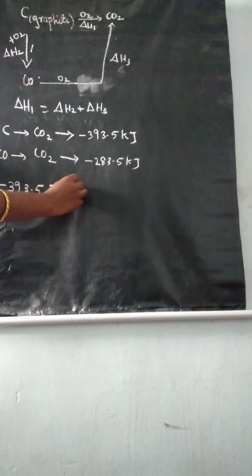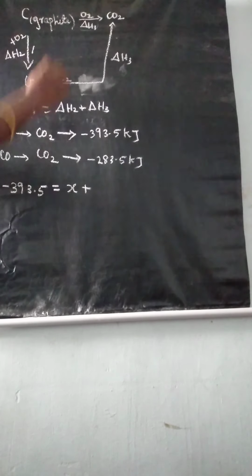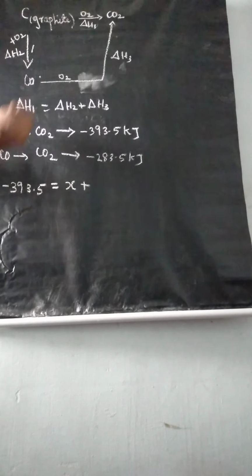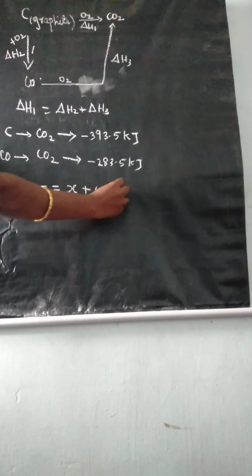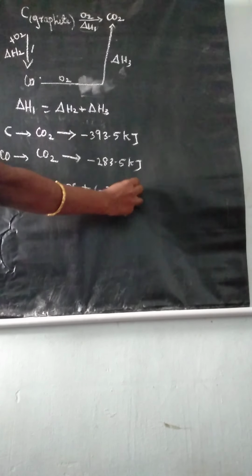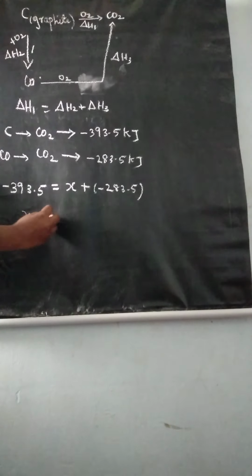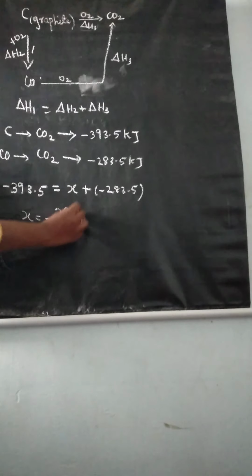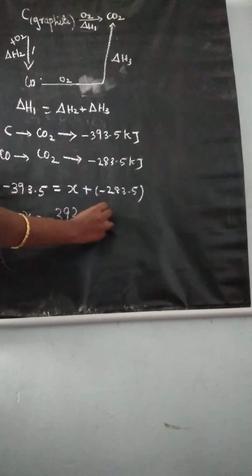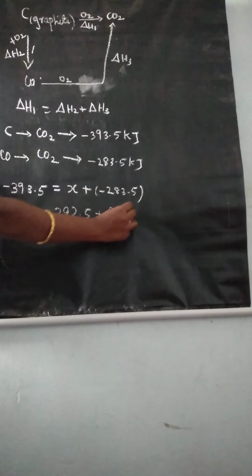We are going to calculate this one, plus the next one. Delta H3 is carbon monoxide to carbon dioxide, so that is minus 283.5. So x is equal to minus 393.5 plus 283.5.